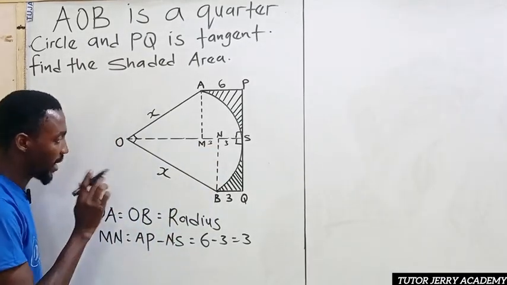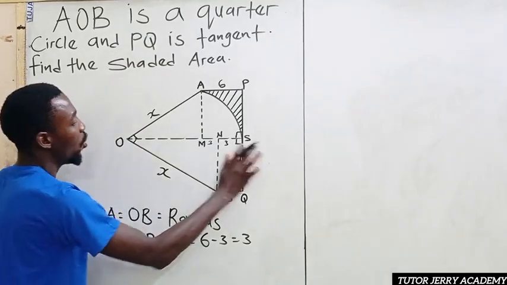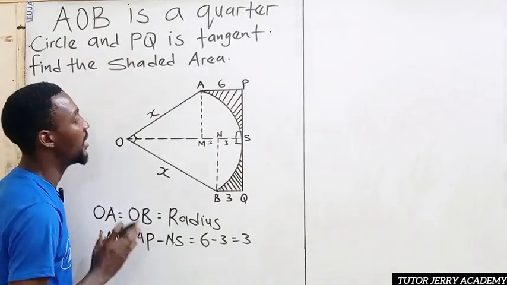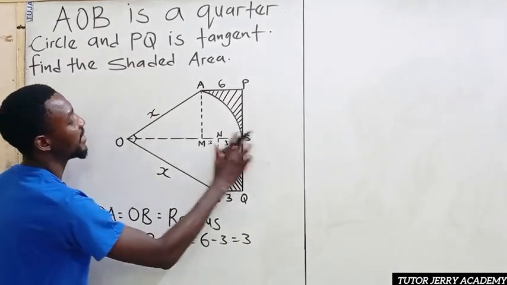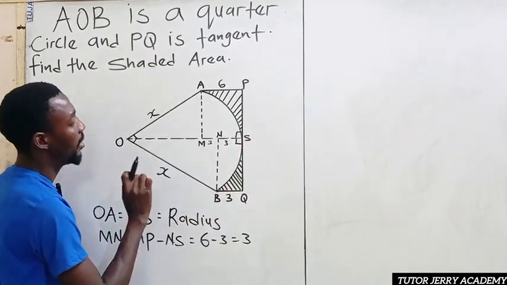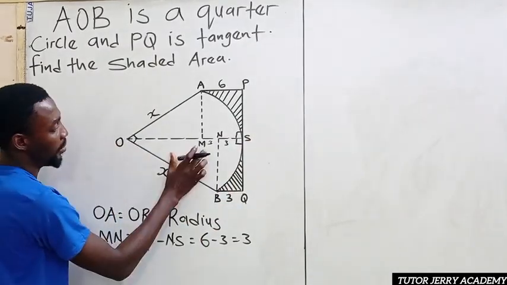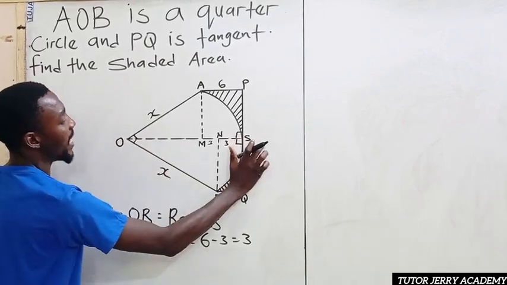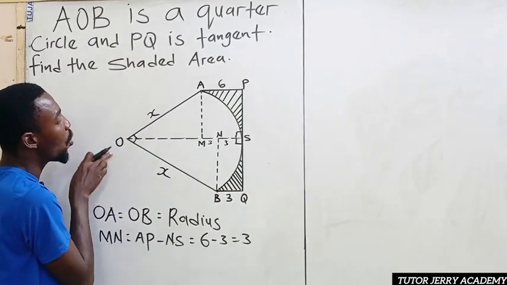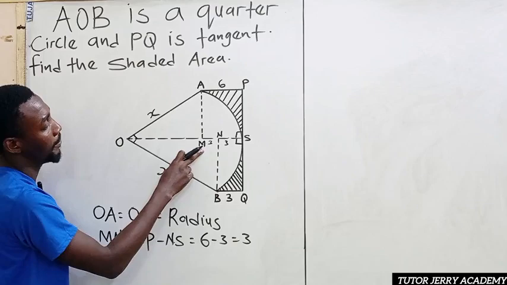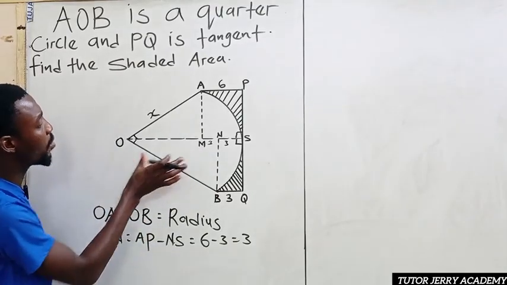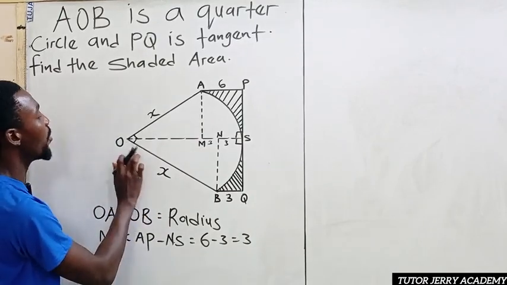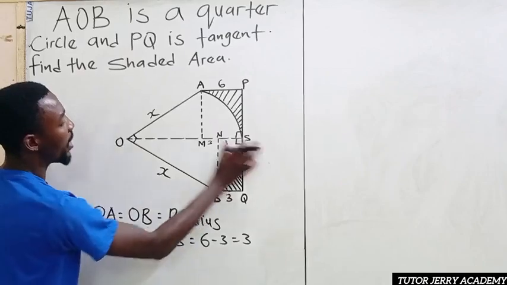But don't forget that this whole line OS is x, because it is a radius. Is that clear? Now, if this whole line is x, how do we get OM? That's what we are looking for. We know the length of OS to be x.